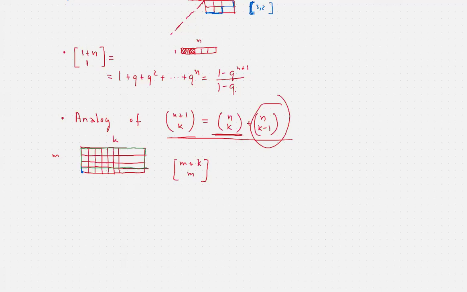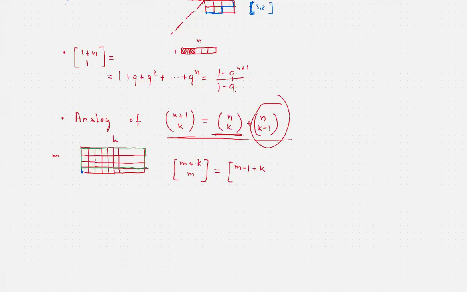So when we reach the upper right corner, it's really like having a path in this grid right here, which means, what is the Q polynomial that corresponds to these paths? That will be simply m minus 1 plus k choose k, with m minus 1 here.